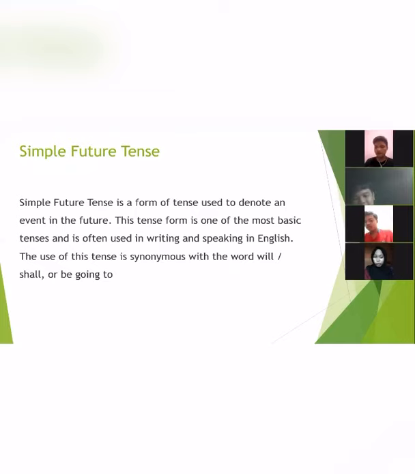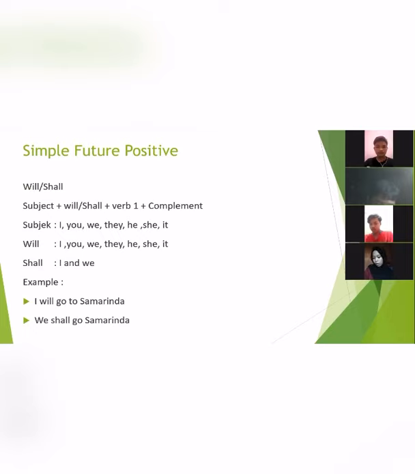Okay, the next topic is simple future tense. Simple future tense is a form of tense used to denote an event in the future. This tense form is one of the most basic tenses and is often used in writing and speaking in English. The use of this tense is synonymous with the words will, shall, or be going to. Simple future positive.